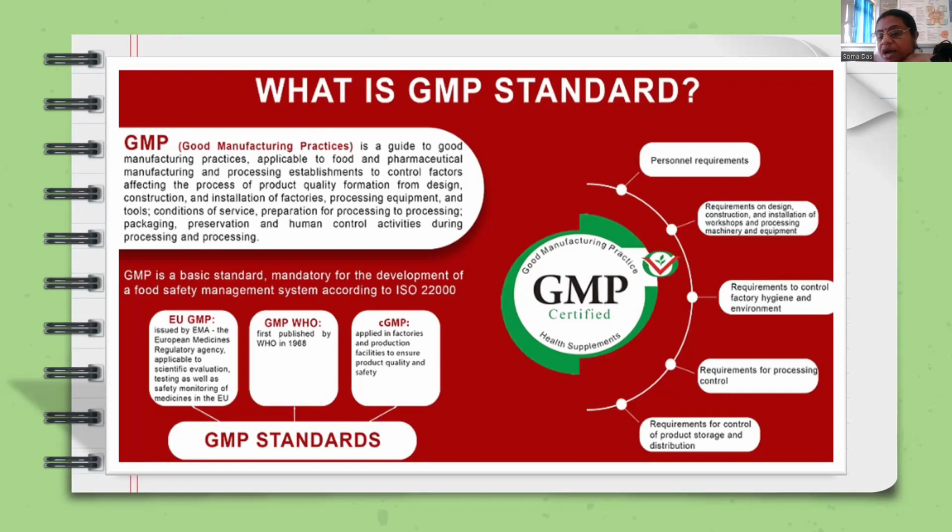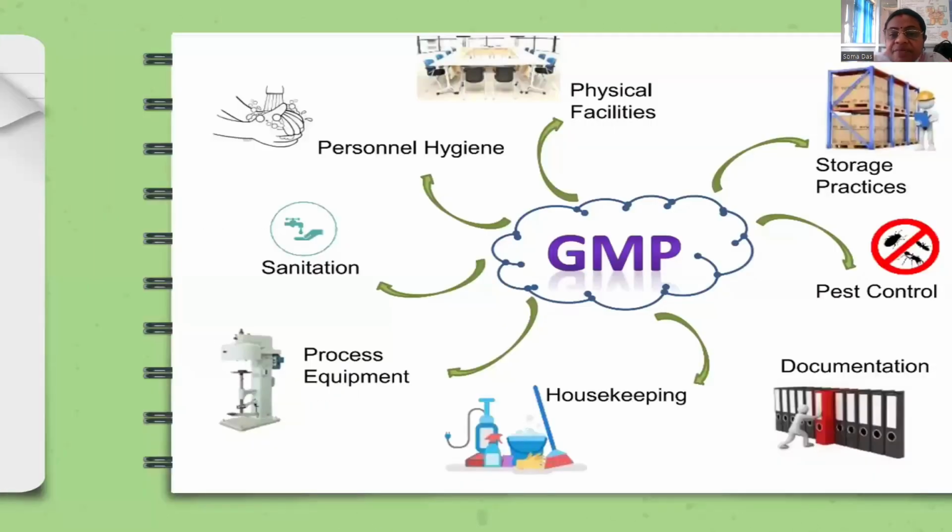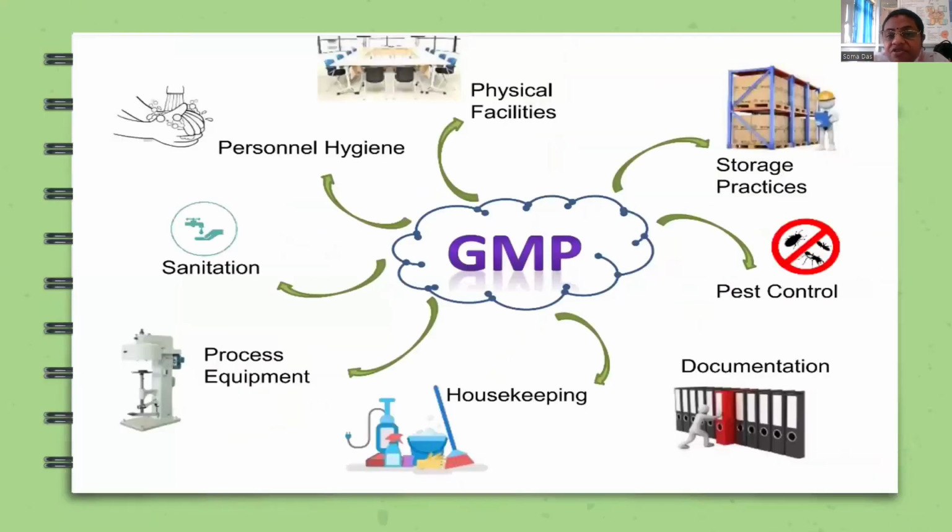So storage and distribution is very important. And when we talk about GMP, what are the parameters involved? We have to see physical facilities, personal hygiene, sanitation, process equipment, housekeeping, pest control, documentation, and storage practices.